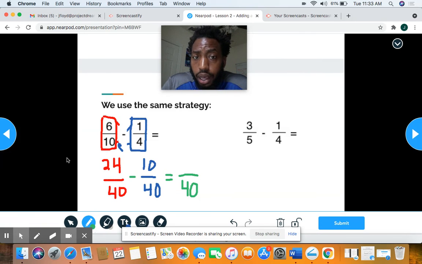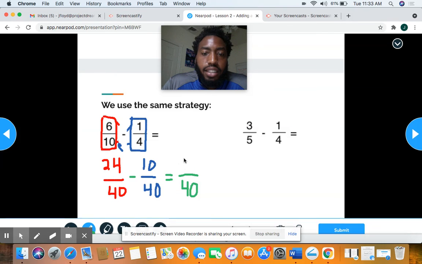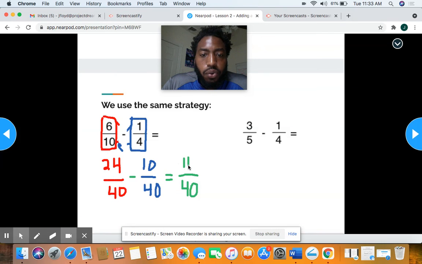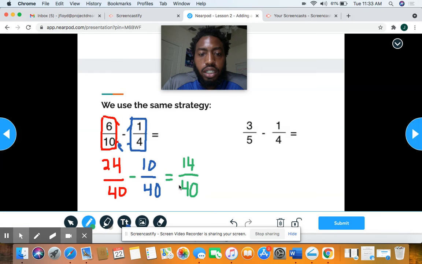And we also have to do some subtraction. We have 24 minus 10. 24 minus 10 is going to be, you got it, 14. So our final answer is going to be 14 over 40. I want you guys to take a moment and try this second problem on your own.